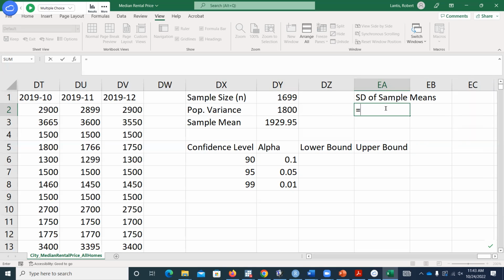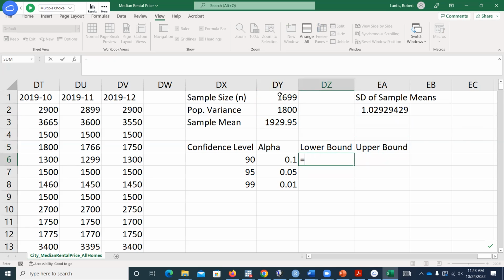Instead of typing this formula all into one line in Excel, I'm going to break it down into steps, like I said, can be helpful when we're working through these by hand. So all that standard deviation of my sample means is I take the square root of what? My original population variance, which once again, I had to be told, divided by my sample size, okay? So I'm just calculating that ahead of time. So then when I get to building my lower and upper bound, I just have one value to select there.